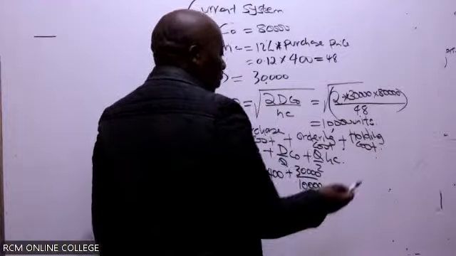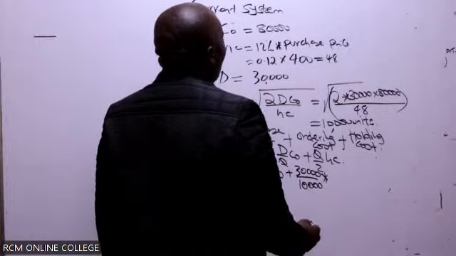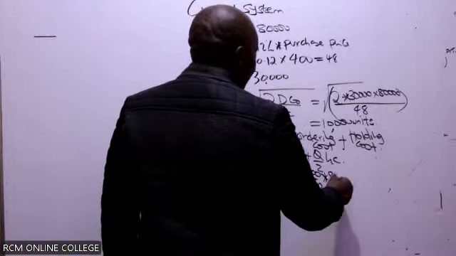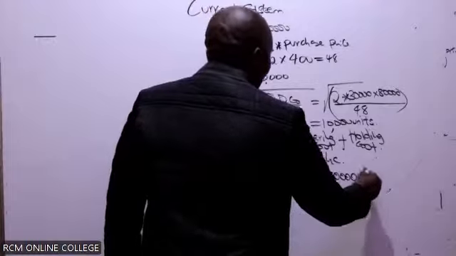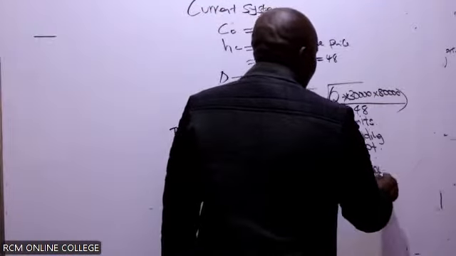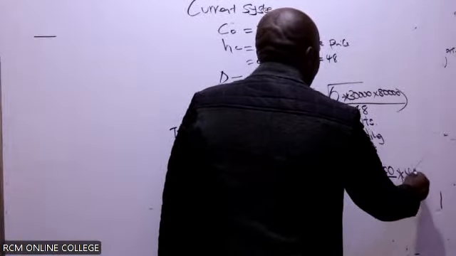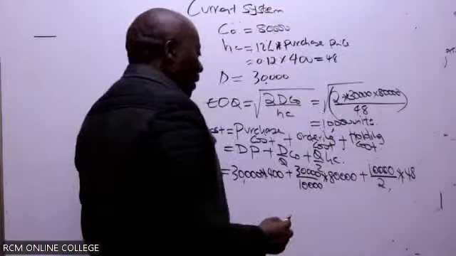This is the EOQ now, times our Co, which is 80,000. Plus our EOQ, 10,000, divided by 2, multiplied by holding cost, 48.